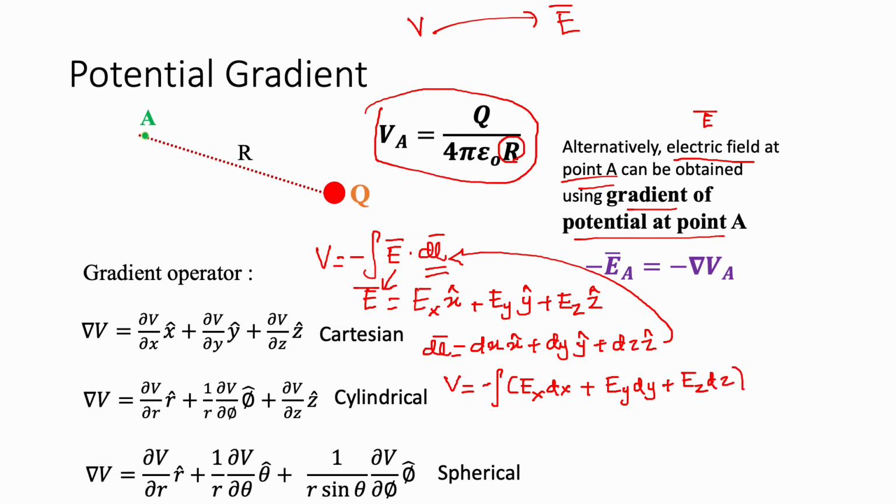Now let's separate V into its x, y and z components, and make it into smaller parts. The potential in the x component, dVx, is equal to negative Ex dx.